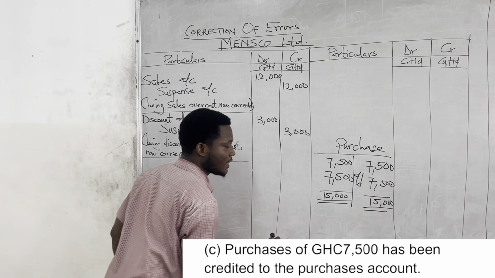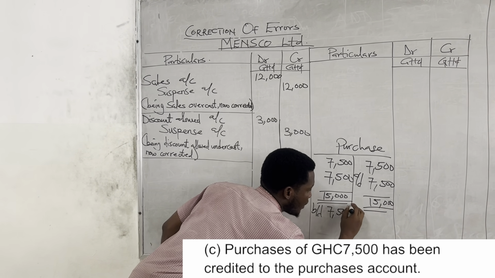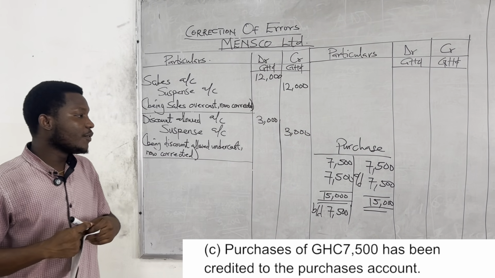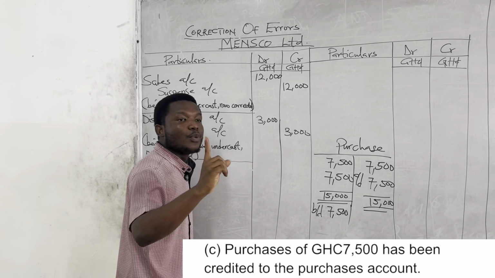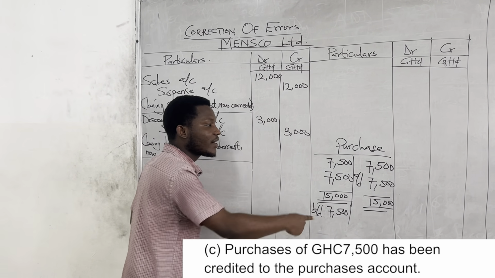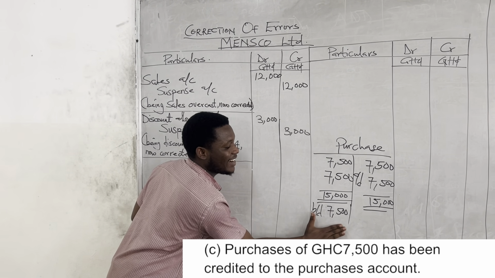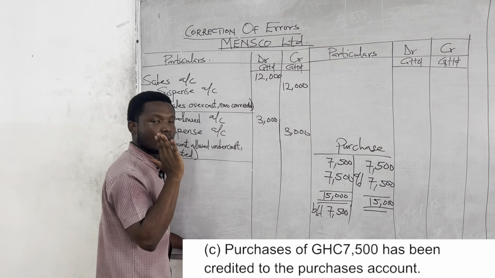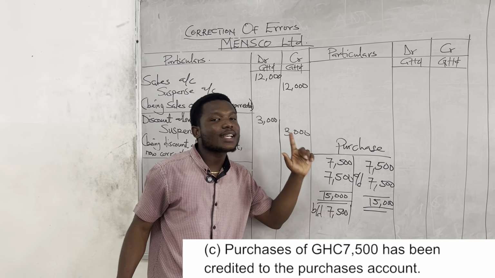Your carry down will be the same as your brought down, 7,500. Now, if you go through the question, you know that the 7,500 that we were supposed to debit, instead we credited. We have gotten our 7,500 at the debit side already. So this is how we are going to correct an error of partial reversal.